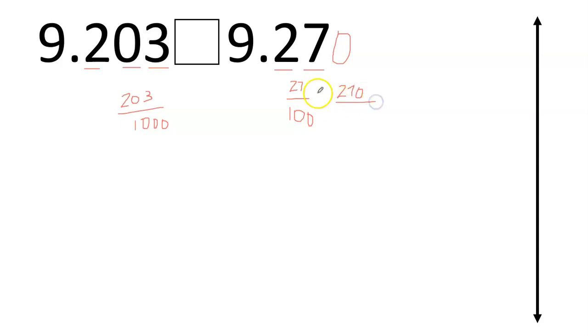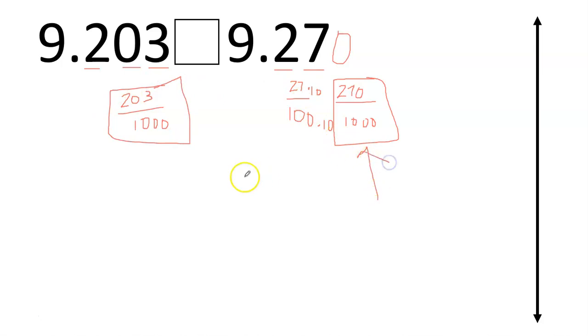So it's like I multiplied the numerator by 10, and I also multiplied the denominator by 10. So now I have 270 thousandths compared to 203 thousandths. And this amount is larger, or you could say this amount is smaller. Now the reason why we can just compare the decimal values is because the number in the ones place is the same. They're both nines. So that's why we had to move to the decimals to make our final comparison.